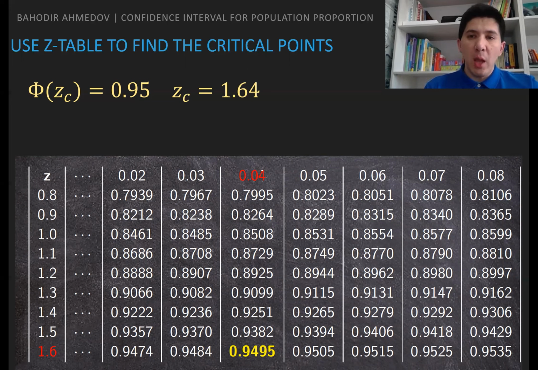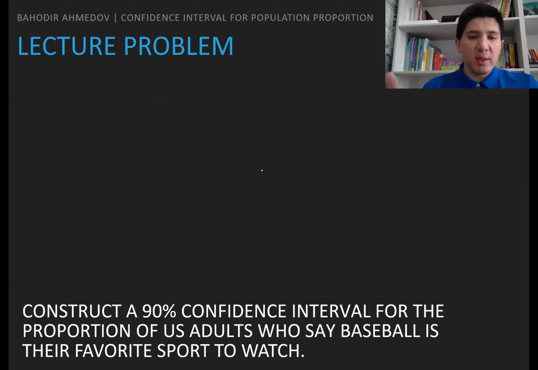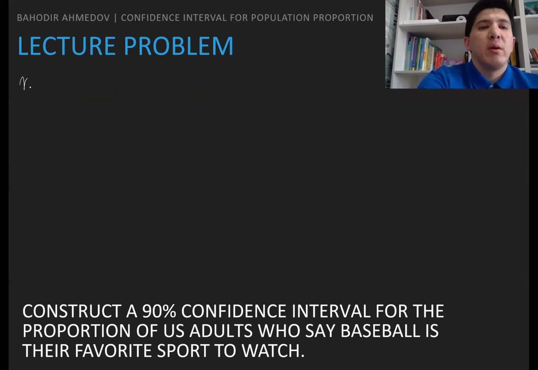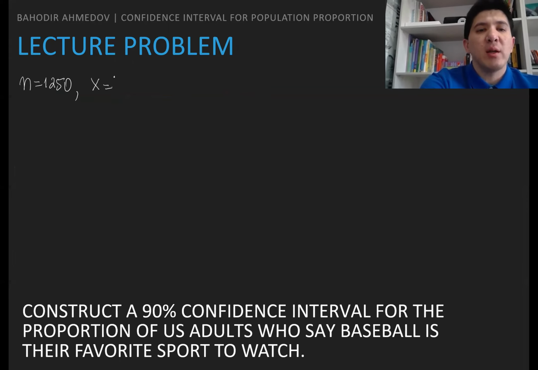So now once we know the critical point, we can just plug this into the error estimate and calculate this, right? So let's do an example. Construct a 90% confidence interval for the proportion of US adults who say that baseball is their favorite sport to watch. Previously, we took a sample of 1,250 adults, and we found out that 450 of them like baseball.